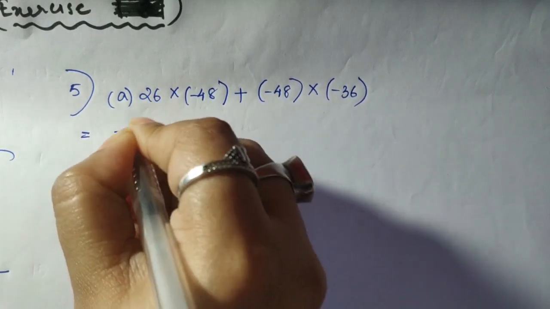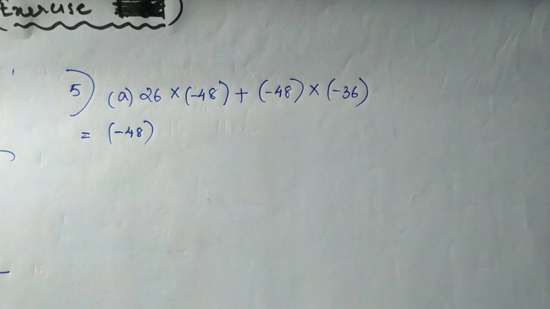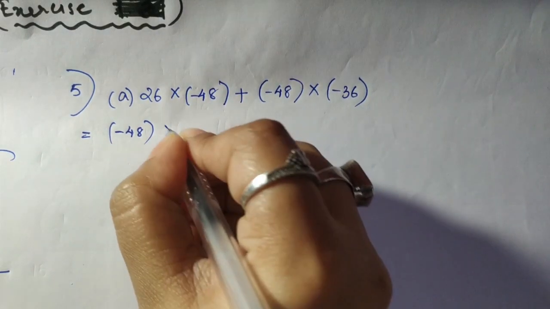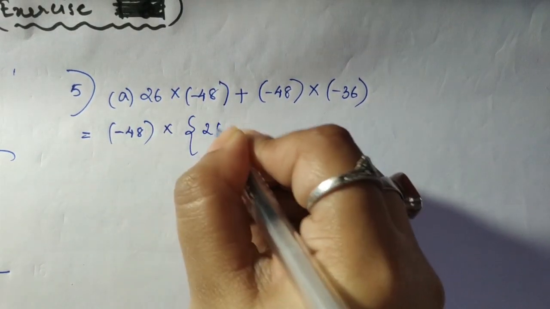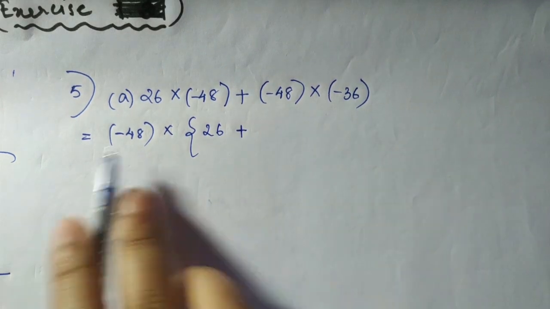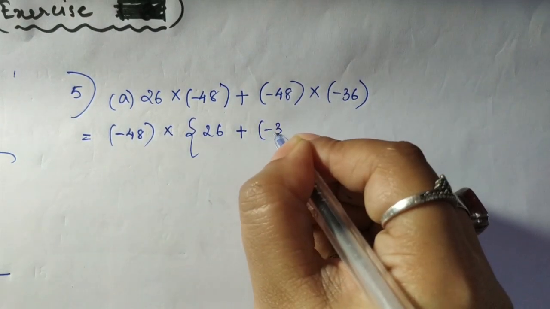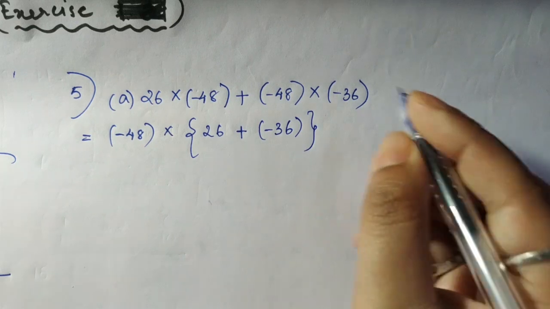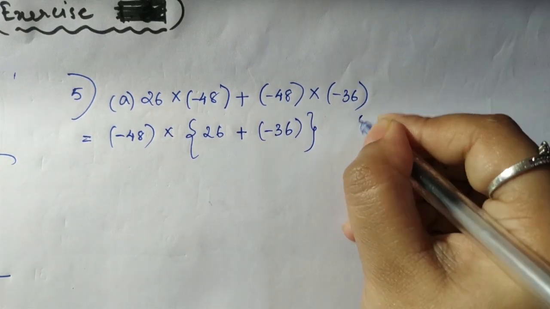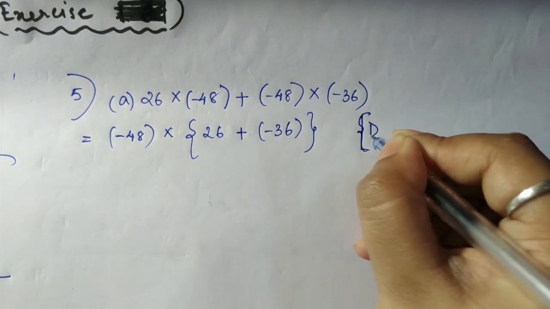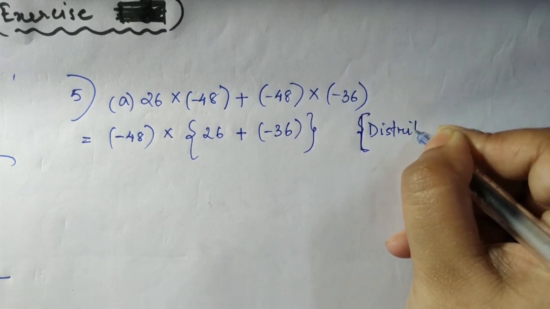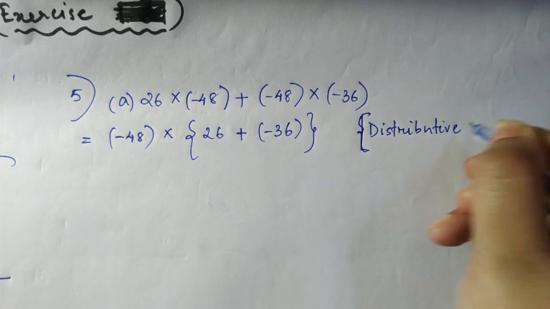What we do here, minus 48 I can take as common. Multiply, I can write 26 plus minus 36. So what property am I using here? I'll write down on the side, distributive property. Please mention the property that you are using.